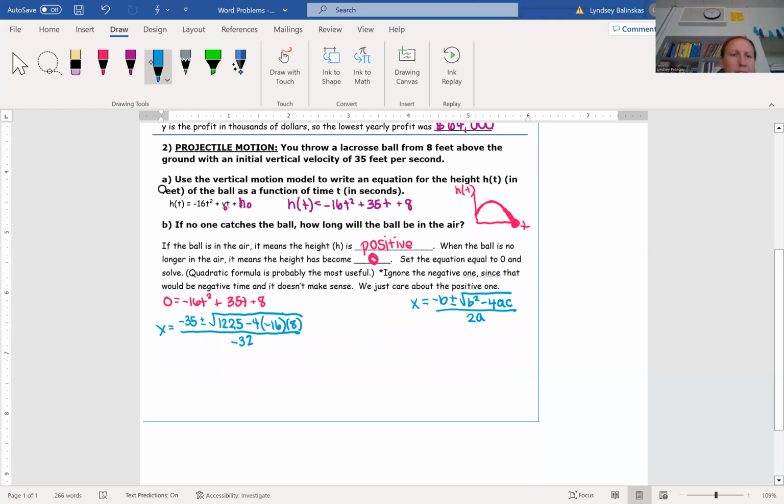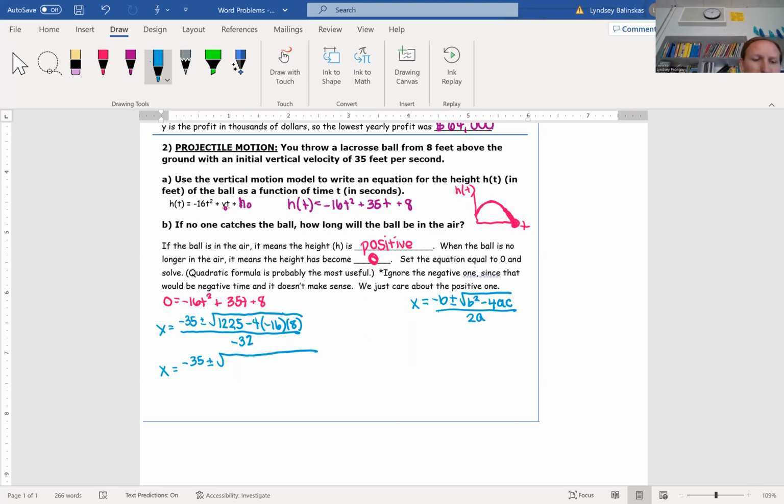Now I'm going to simplify that a little bit. Actually, I'm going to scratch that.